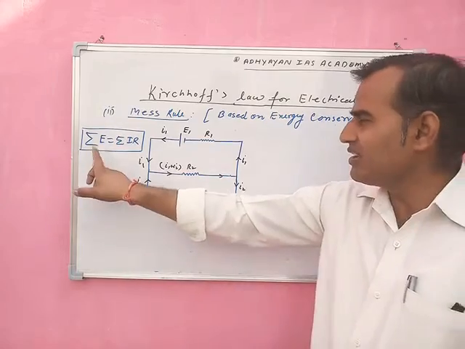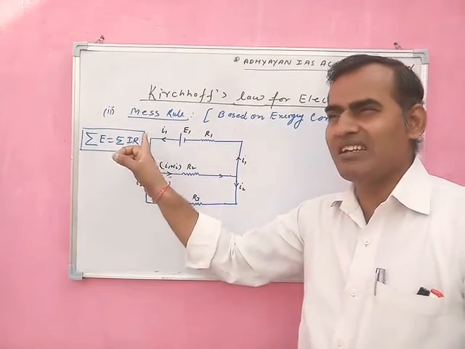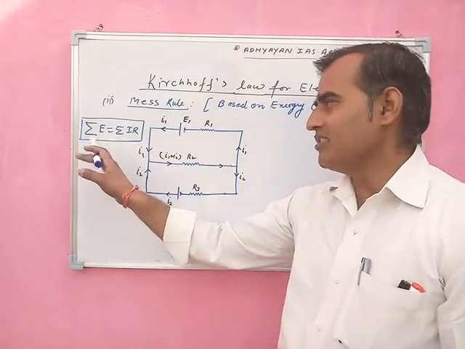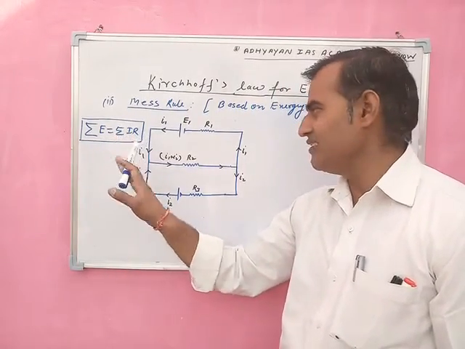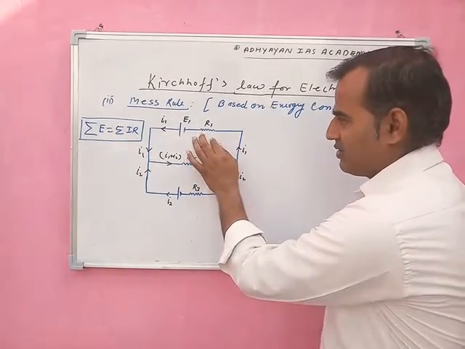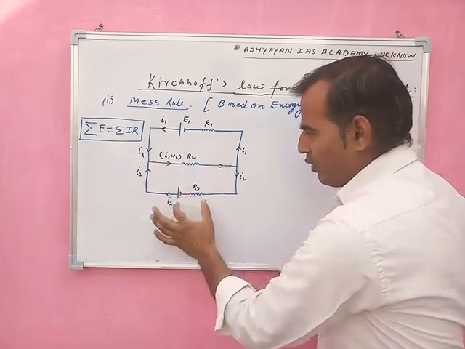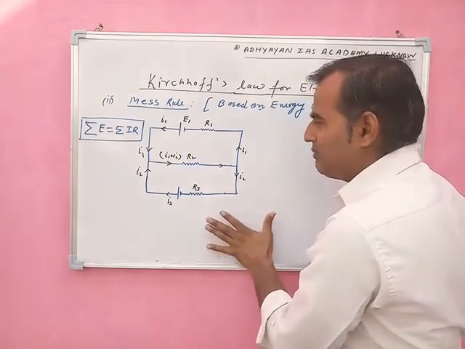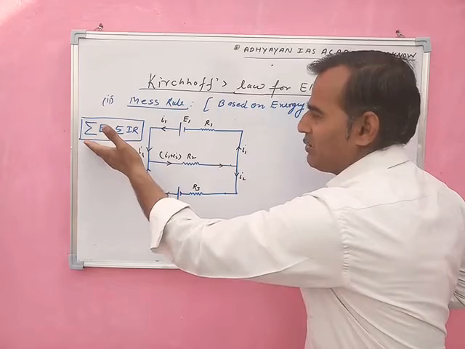That is, summation E is equal to summation IR. Summation E is equal to summation IR means the potential drop across all resistors and the sum of all the EMF in any mesh or closed loop will be equal.